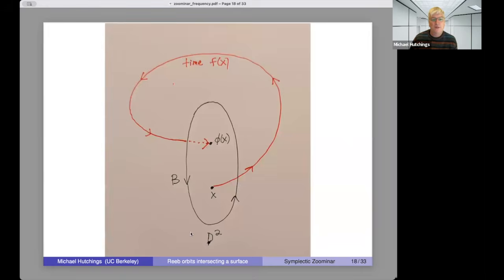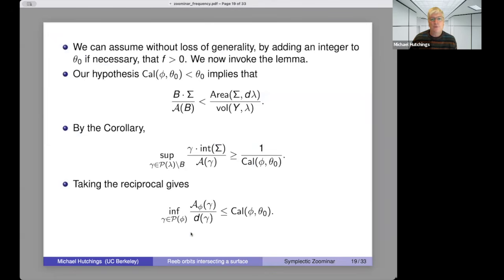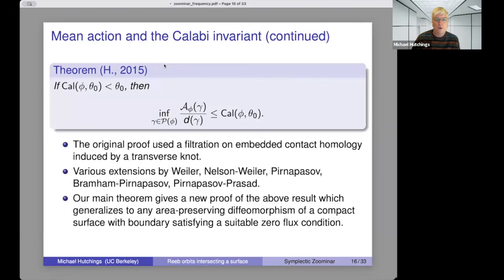So if you believe all of that, then here's how we prove the theorem about mean action in the Calabi invariant. First of all, to invoke the lemma, I need to assume that f is positive. And I don't know that a priori, but if you look at the statement of the theorem, I could just add some integer to theta 0.